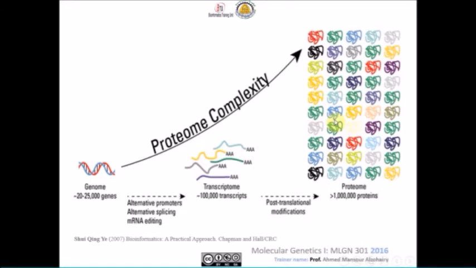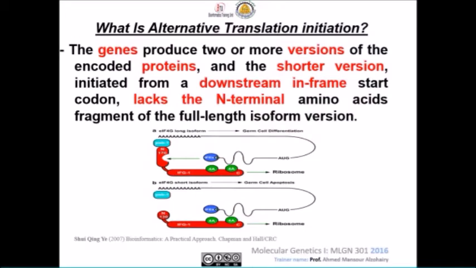So this 1 million proteins can be generated from only 20 to 25,000 genes, and this is what we call proteome complexity. So alternative translational initiation contributes to this proteome complexity.